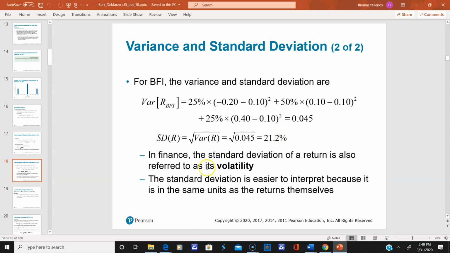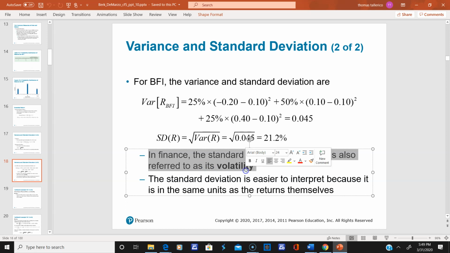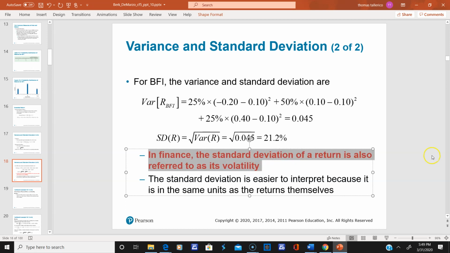So an important point to know here is that in finance, the standard deviation is the true definition of volatility, right? So I'm going to highlight that in red for you, and I'll bold that all, right? And so that's important. So you'll notice here the standard deviation is in the same units as the returns themselves, right?